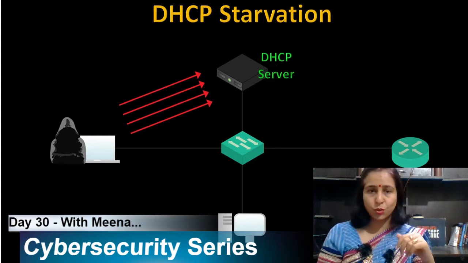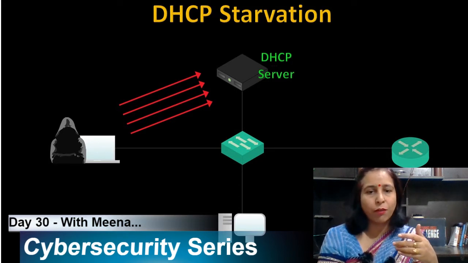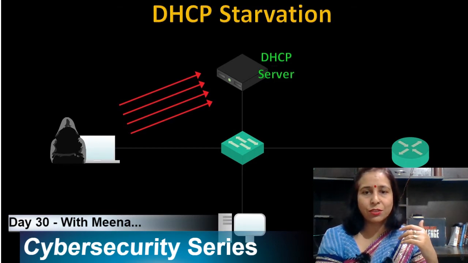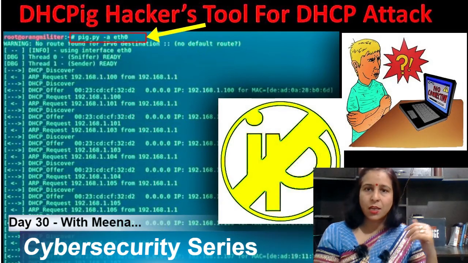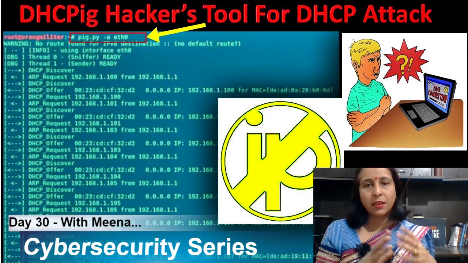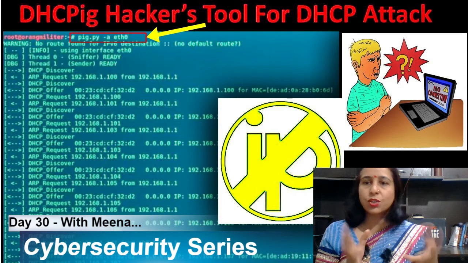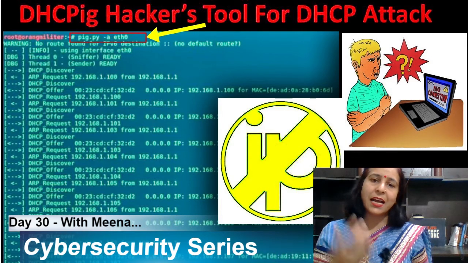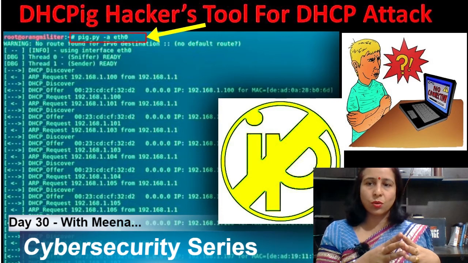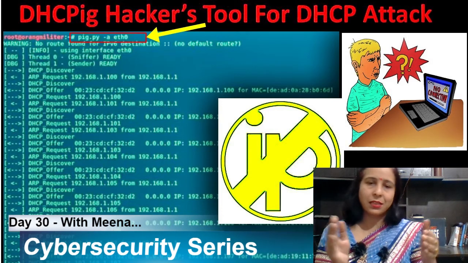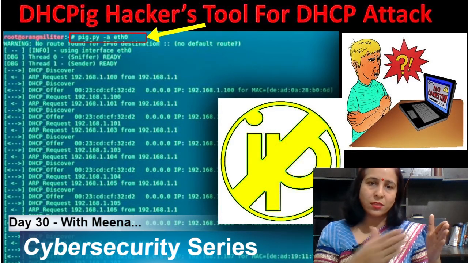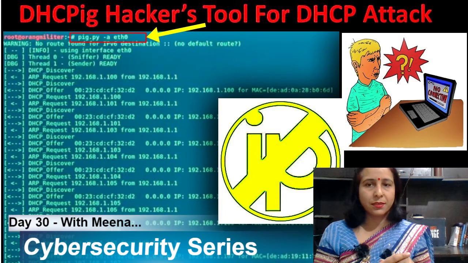Clear? So, I will show you an example of how attackers do this, and with which software. There are many tools; I will show you one of them. It is DHCPig, which is in Kali Linux. For example, Ethernet 0 gets IP addresses via DHCP. Using that Ethernet 0, a command is run that continuously sends DHCP requests to the server to get IP addresses.